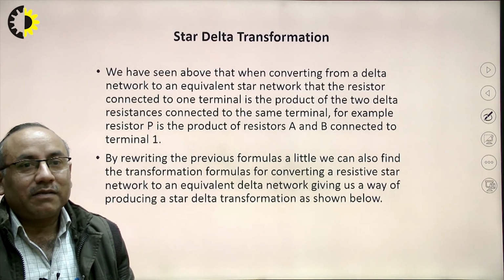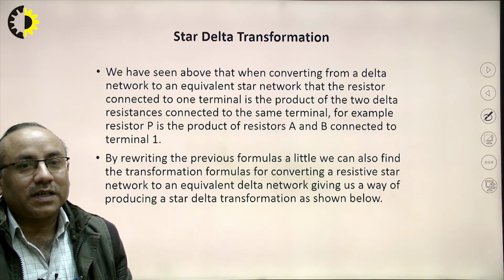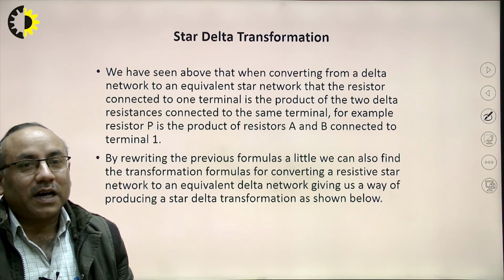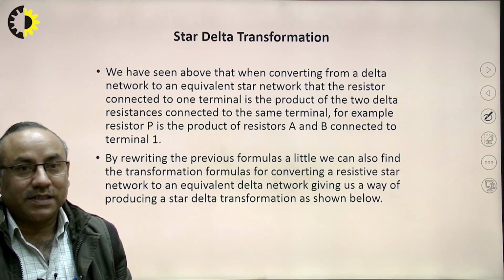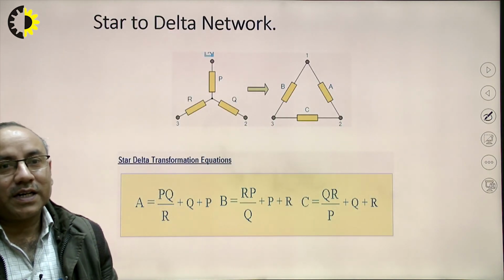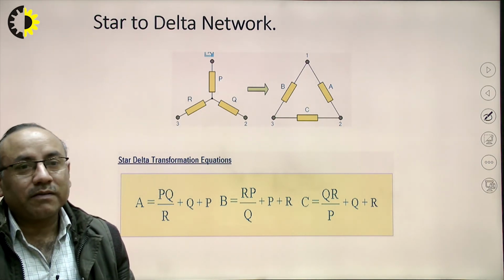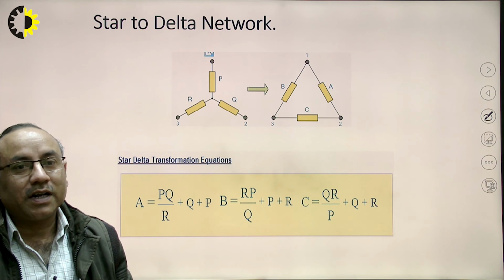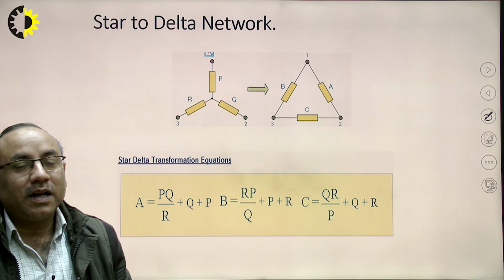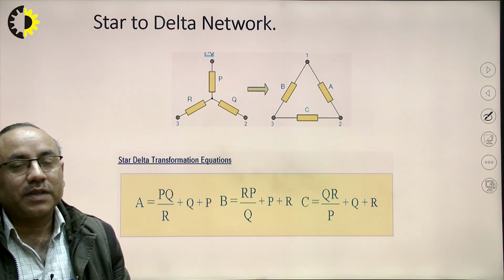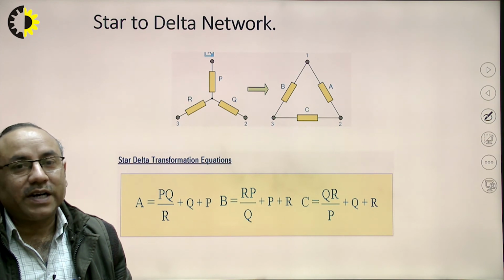Similarly, we can have star to delta transformation in which the star connected resistances are converted to delta connected resistances. So, if we see the left hand side diagram, we have three resistances P, Q and R connected in star, and on the right hand side diagram we get the equivalent delta conversion.